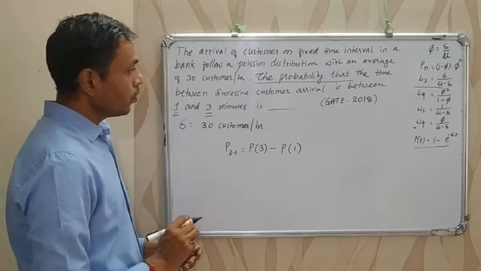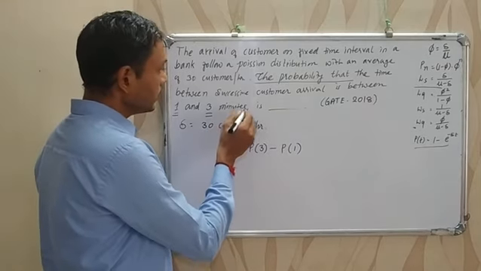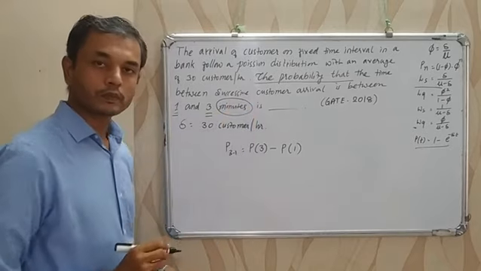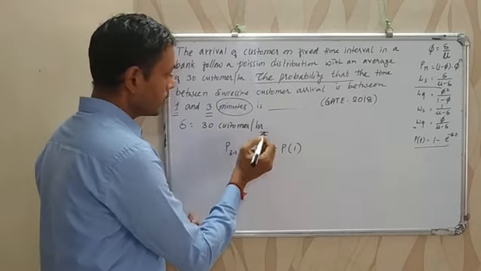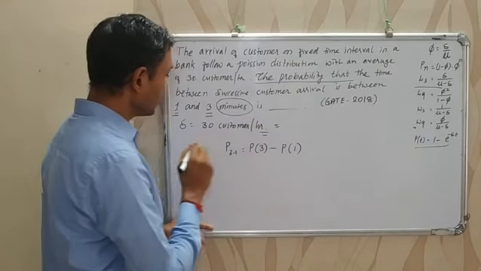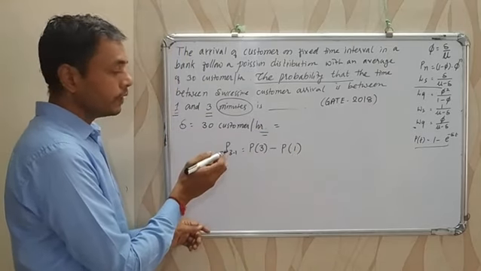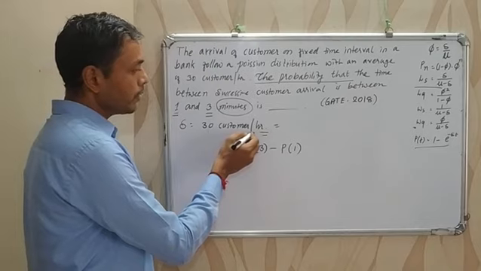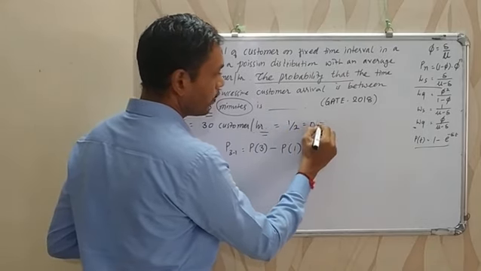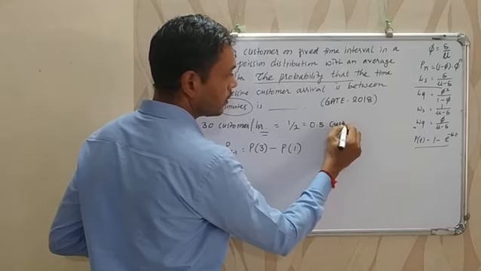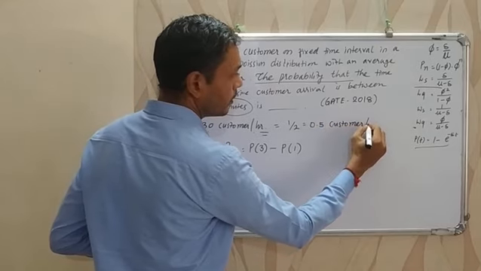The question was asked in minutes, but the arrival rate given is per hour. So first convert the arrival rate into minutes. 30 customers per hour, so we can say delta equals 0.5 customers per minute.